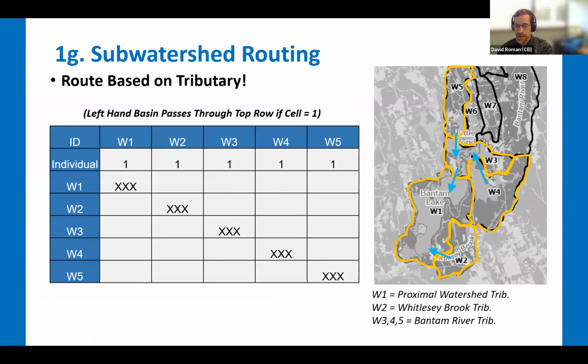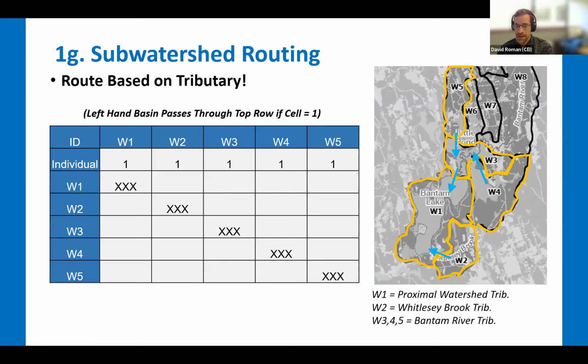So you can assign if a watershed passes through another just based on a 1 or a 0. So if it does not pass through another subwatershed, you input it as a 0. So in the case of Bantam Lake, it's not going through anything. The same thing with W2, that's just going right to the lake. But you would want to do some routing for W4 and W5 because they are going into W3 before they go into Bantam Lake.